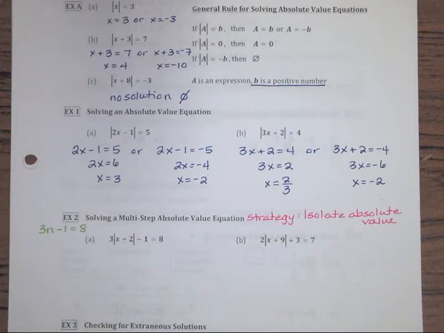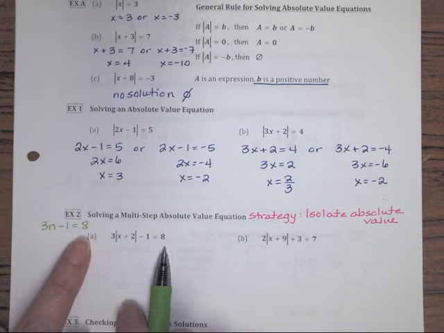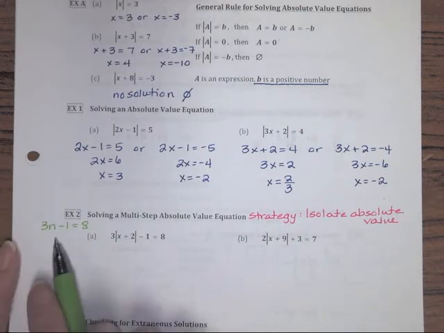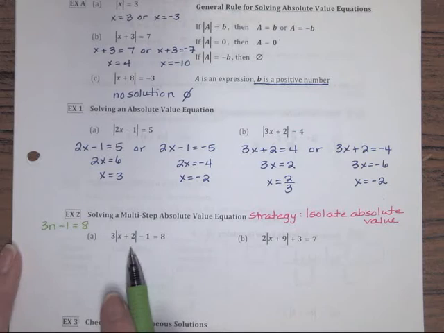It has a 3 in front of something, then minus 1 equals 8. Would you agree? It bears the resemblance. And I know you know how to solve this one.